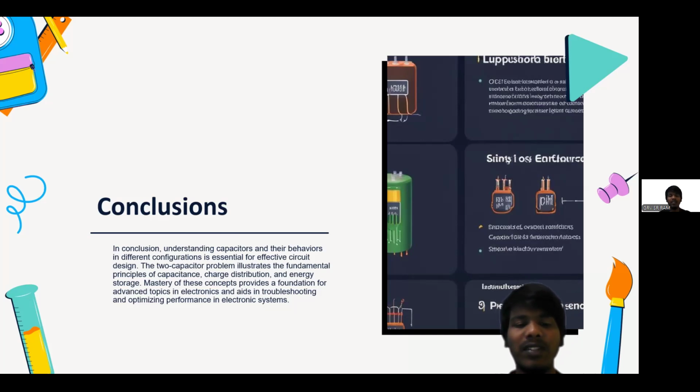In summary, capacitors are versatile and indispensable components in electronics, with their properties and types tailored to meet the diverse needs of various applications. Understanding their characteristics and proper usage is crucial for effective circuit design and functionality. And this is the overall conclusion of the topic capacitors overview.